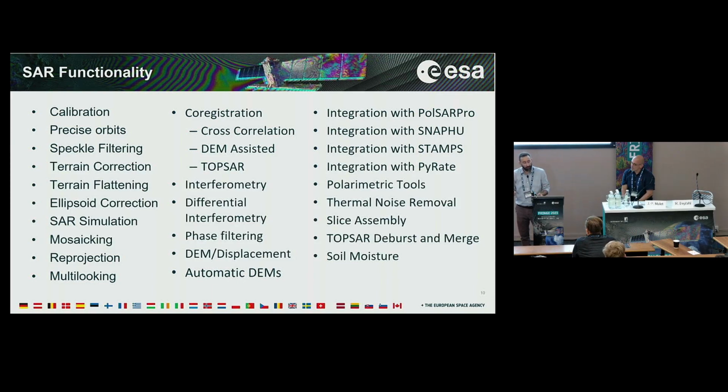I should do exactly the same for orbits, which means that I need to go to the repository, download the orbits, either precise or restituted orbits, and put them in my processing. Here, these two steps are fully automatic. So you can download multiple DEM datasets automatically. It will recognize the area of your image. It will recognize the dates. It will download automatically from the repositories the orbits and the DEMs, use them inside the processing and so on.